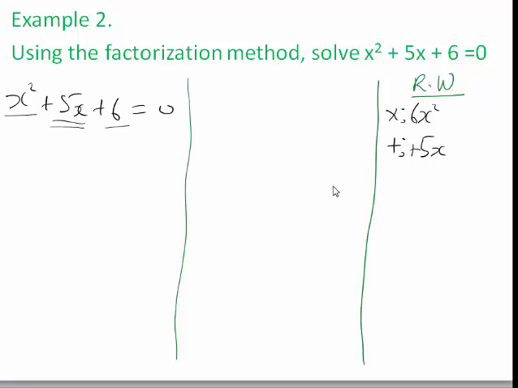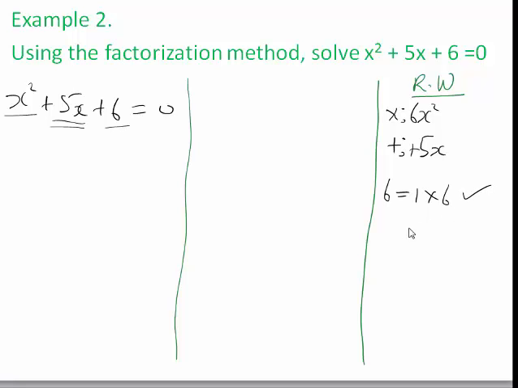Okay, now the main thing to ask here is, what are the two things that we multiply to give us 6, but if we add them we get 5? So we just need to look for factors of 6. We say 6 is equal to 1 times 6. That is 6, this is fine.